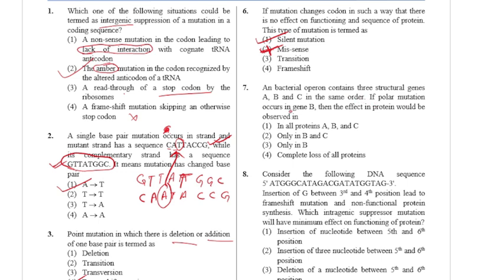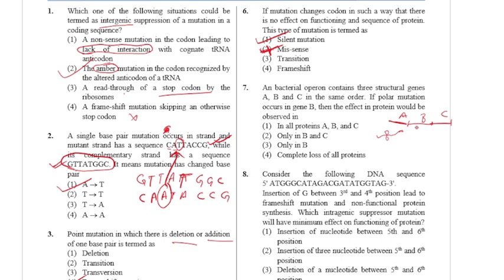If a polar mutation occurs in gene B, then the effect would be observed in which proteins: all of A, B, C, only B and C, only B, or complete loss of all proteins? The mRNA for A is already synthesized and its protein is being synthesized by the ribosome.